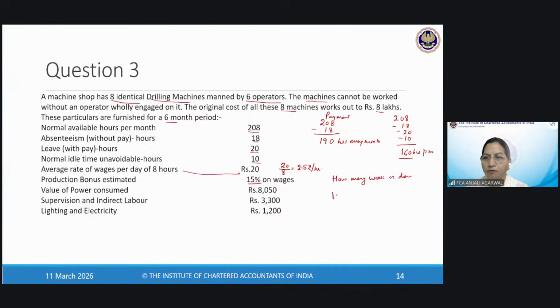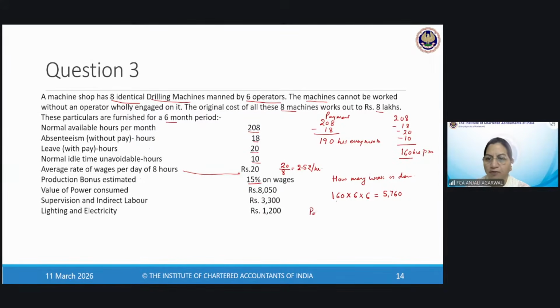So work is done for 160 hours per person by 6 operators, and this is every month. So for 6 months, your work would be executed for 6 into 6 into 160, which is 5,760 hours.